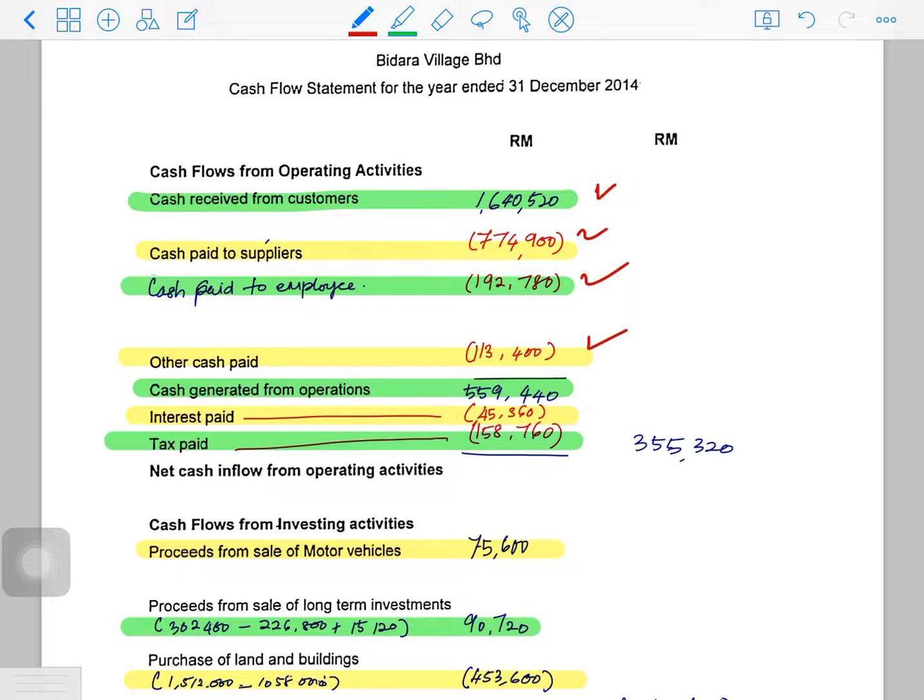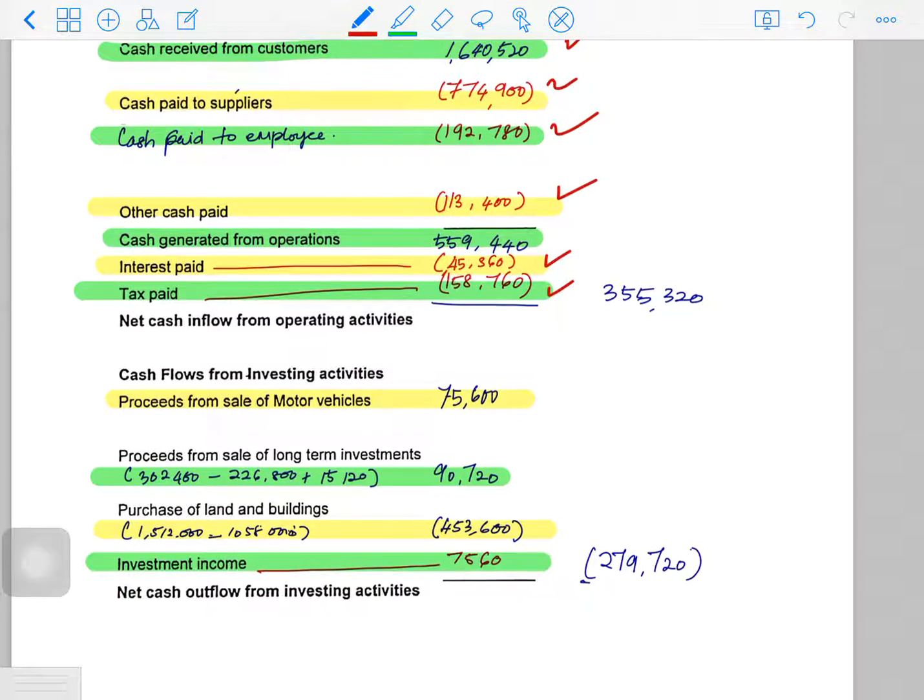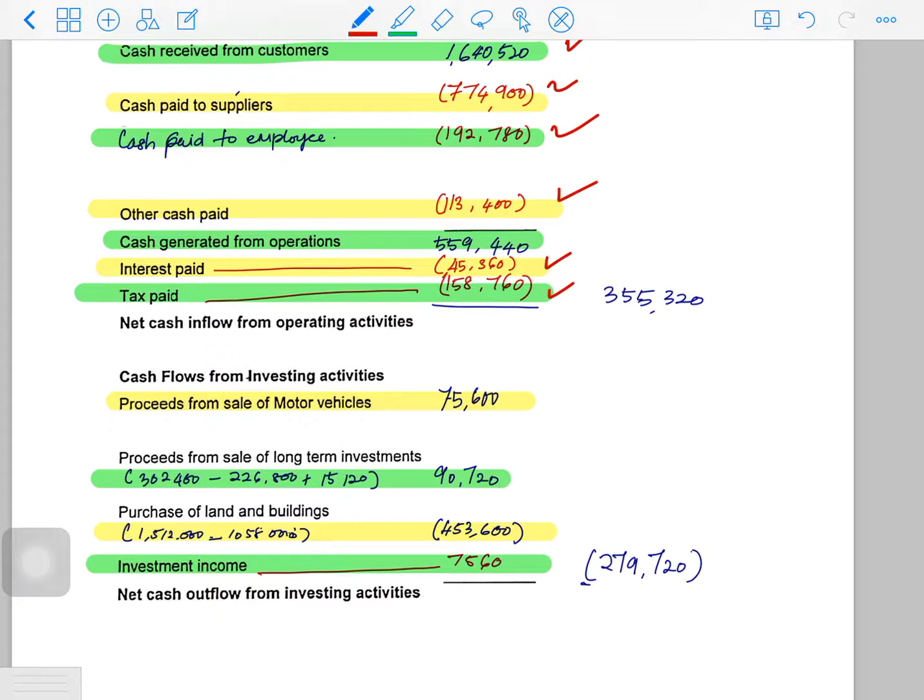And then kita dapat cash generated from operation, which is an inflow of net of 559. And then interest paid, tax paid, then 355,320. Okay. Now that is the net inflow from operating activities. 355.